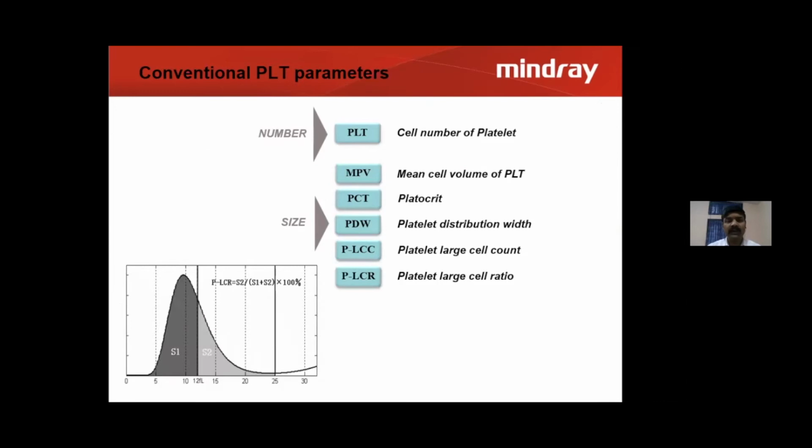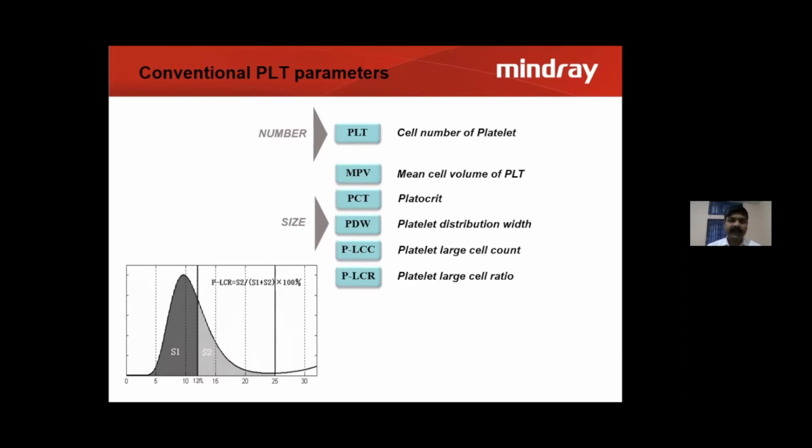As you all know, the conventional platelet parameters were available in the basic 3-part cell counters and the basic 5-part cell counters. We have not removed any of these conventional parameters from the Mindray instrument. Rather, we have added some new parameters to our advanced hematology analyzer. I will not be saying cell counter, it will be hematology analyzer.